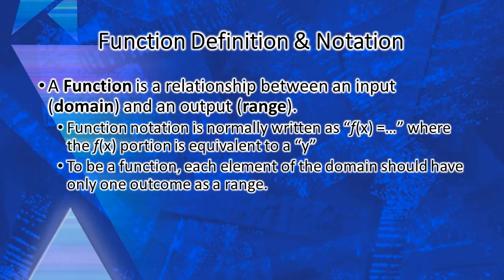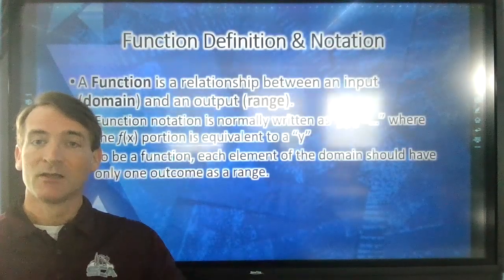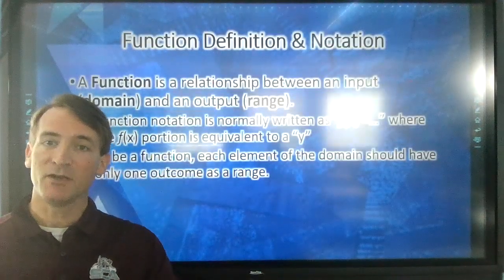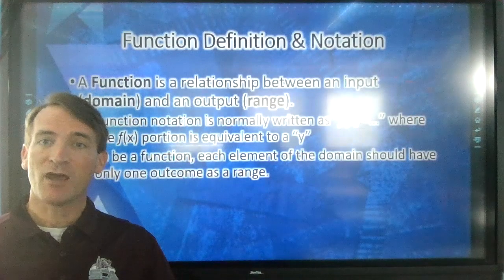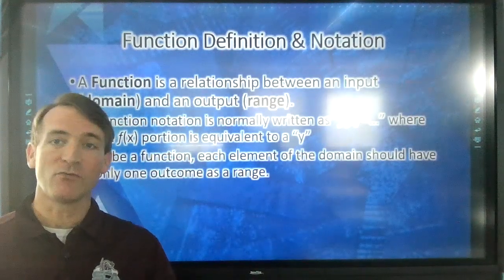To be a function, each element of the domain should have one and only one outcome in the range. So if I plug in a 5 for my x, I should get a single value for my y, not two.